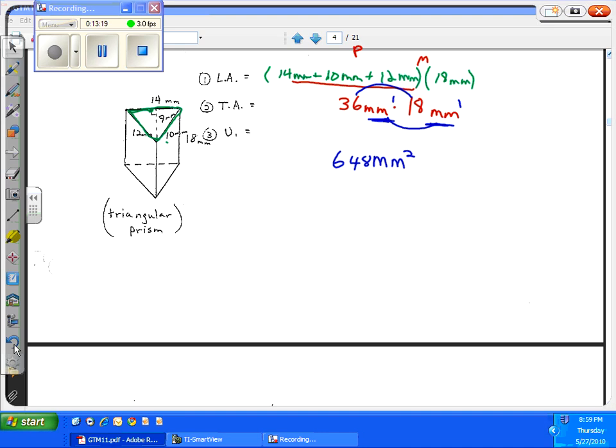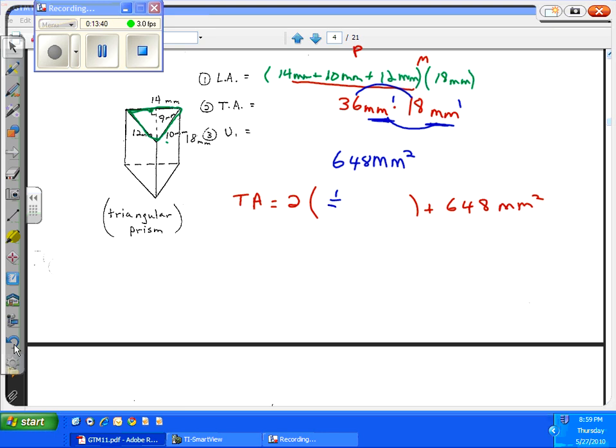So what about total area? Well, total area is 2 times the area of the bottom plus the lateral area, which is 648 square millimeters.